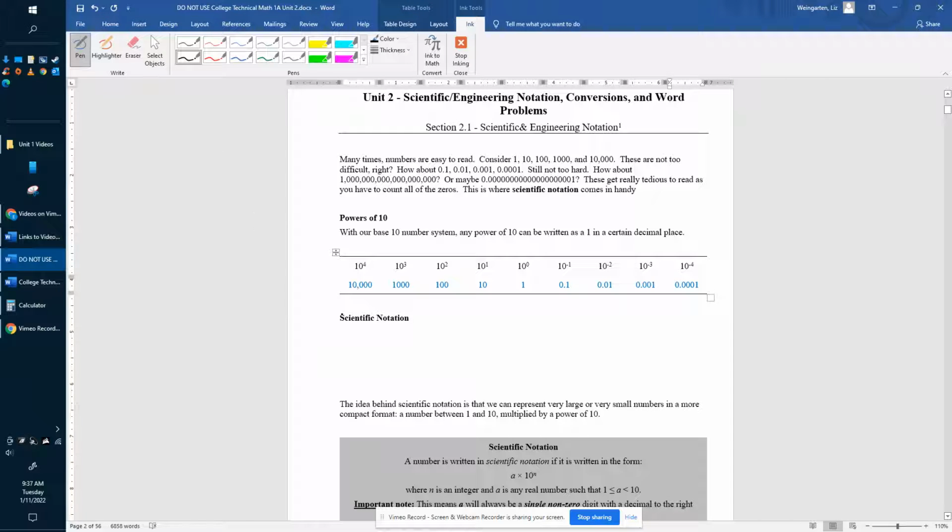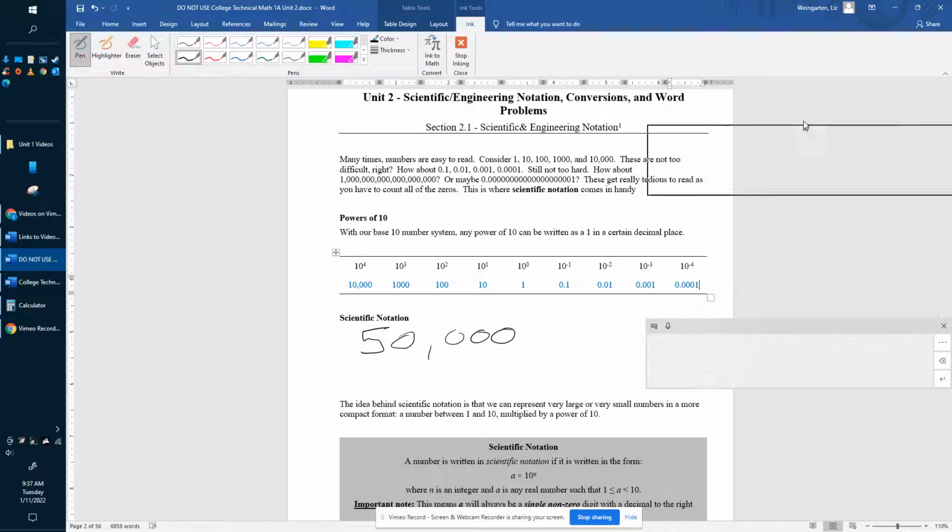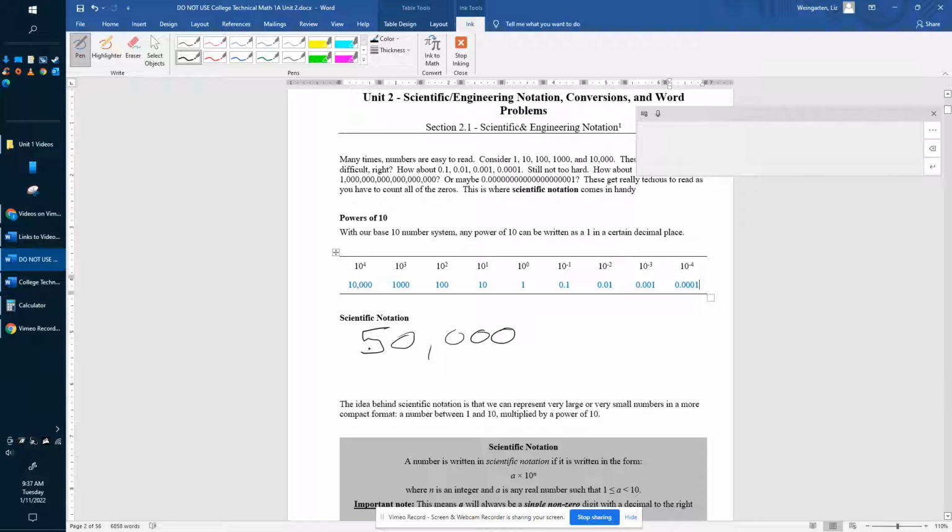So what does this have to do with scientific notation? Let's consider a number like 50,000. 50,000 is not a power of 10. It has 5 at the beginning. So what we're going to do is we are going to take that 5 and multiply it by a power of 10.